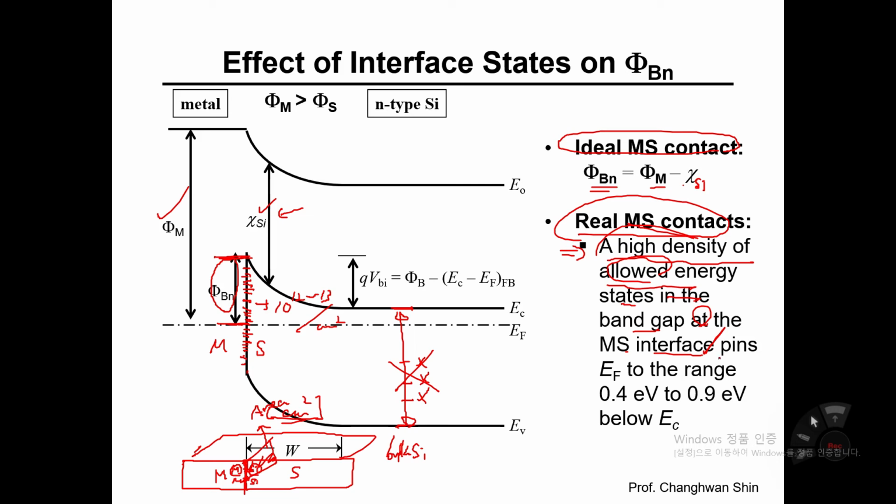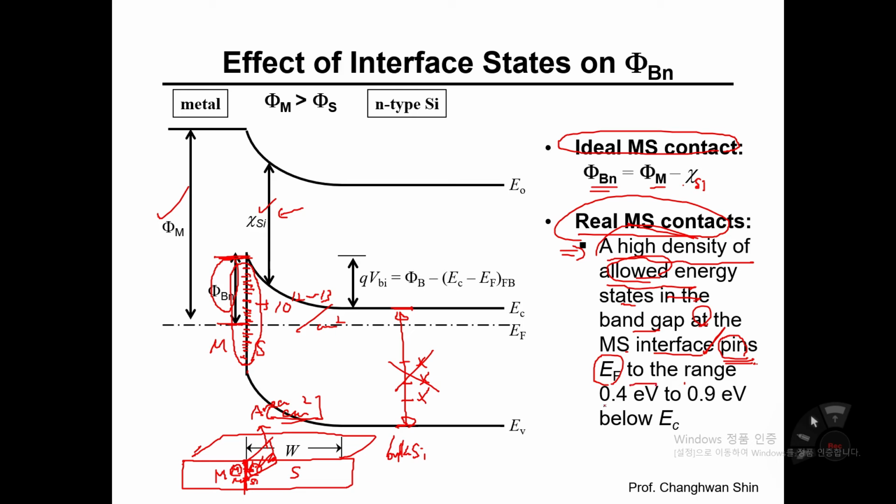Then the next one is here, pins. These allowed energy states, in other words, those newly created energy states available in the bandgap, can pin. Pin means set what? Set the Fermi energy level. Where?